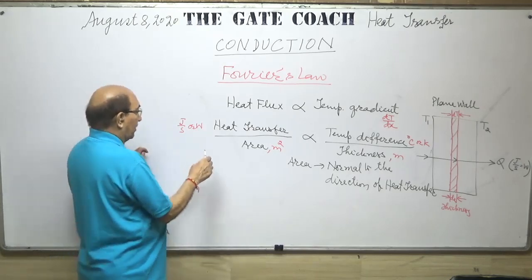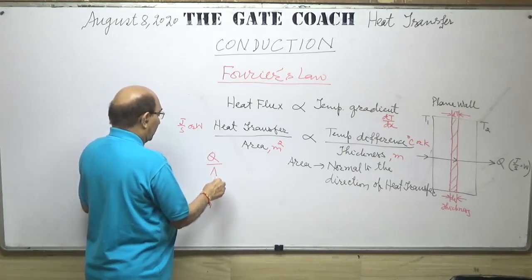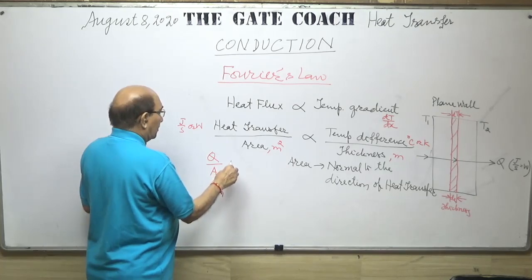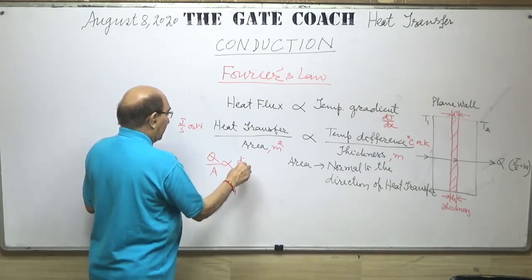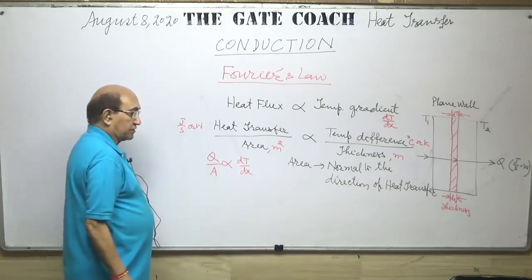Thus, my dear friends, Q upon A is proportional to dT upon dx.